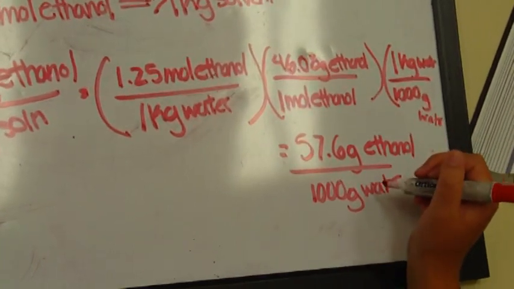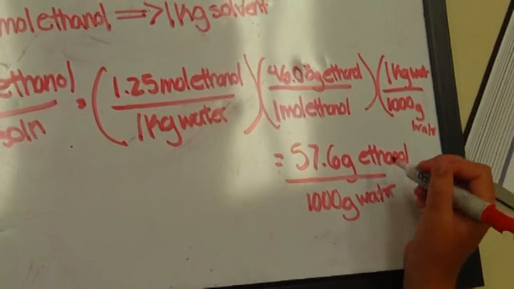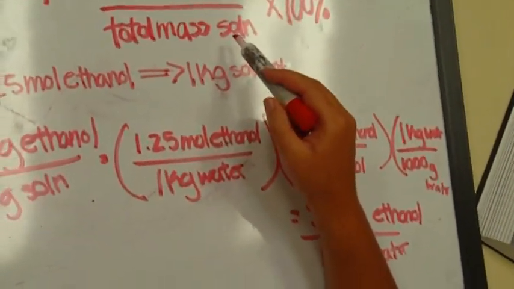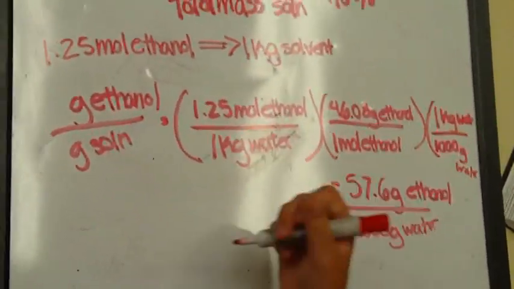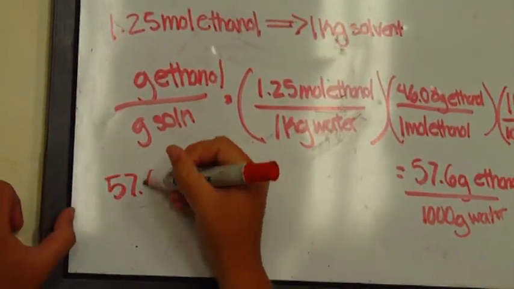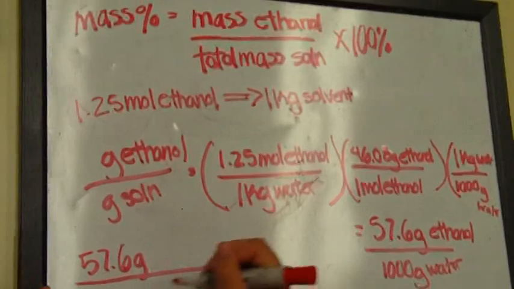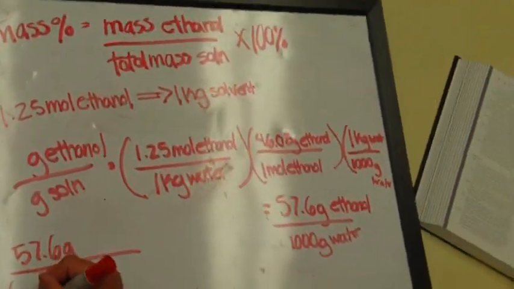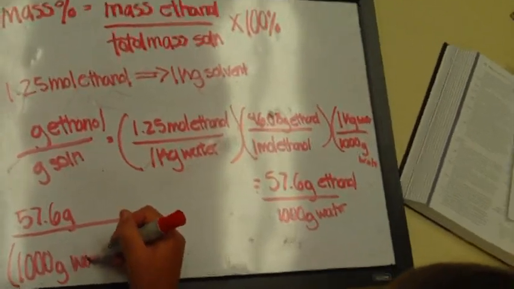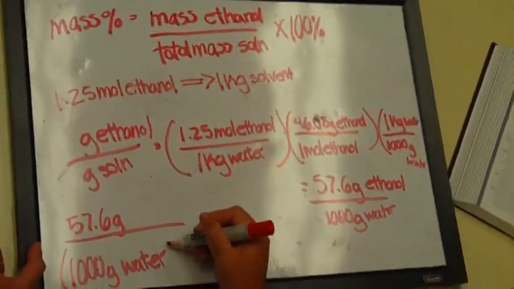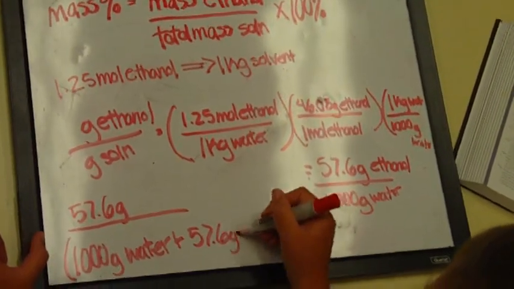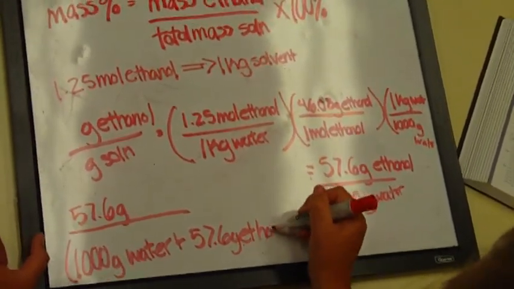All right, so again, mass percent is going to be mass of ethanol over total mass of solution. So mass of ethanol, 57.6 grams, divided by 1,000 grams of water plus 57.6 grams ethanol, for the total solution.